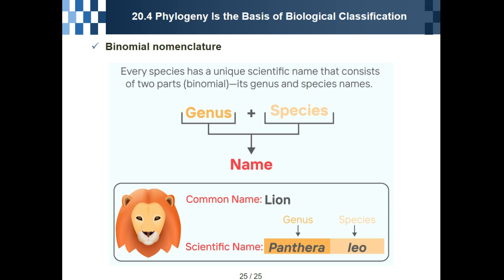The common name is lion. But its scientific name has the genus Panthera and the species leo. So whenever we do biological classification, we always use binomial nomenclature.